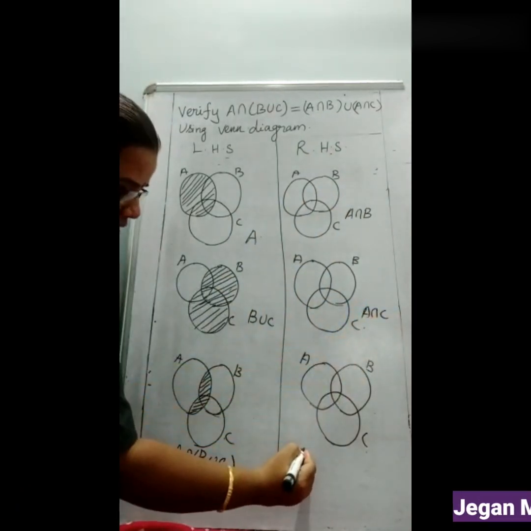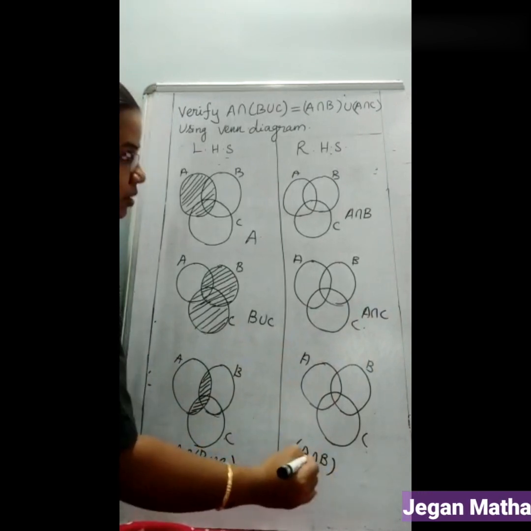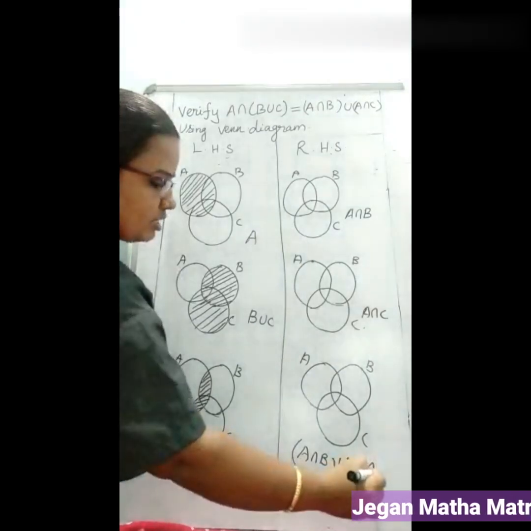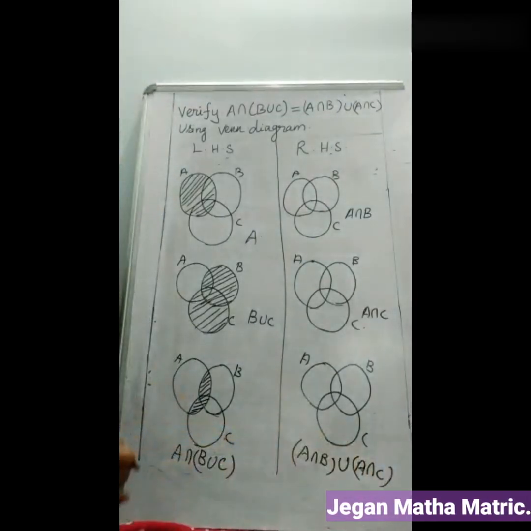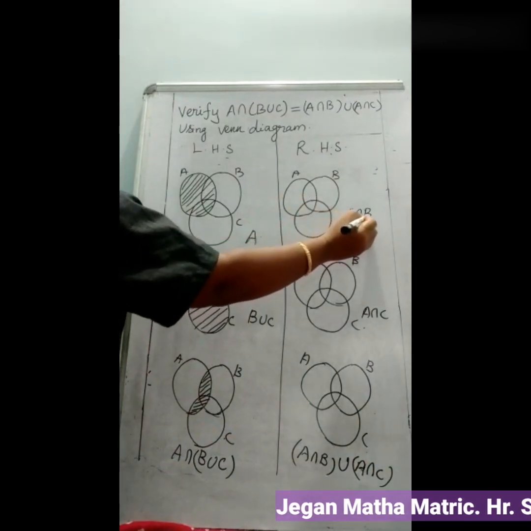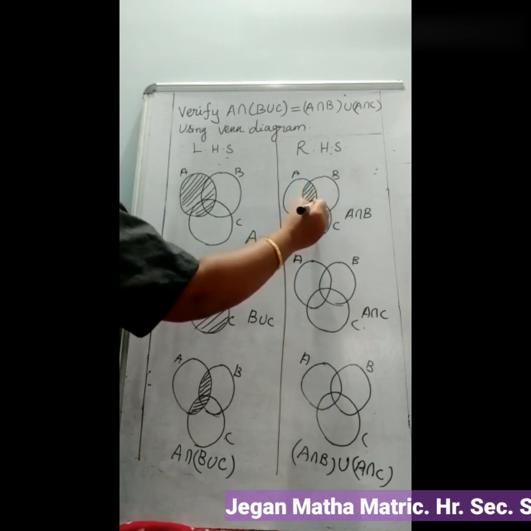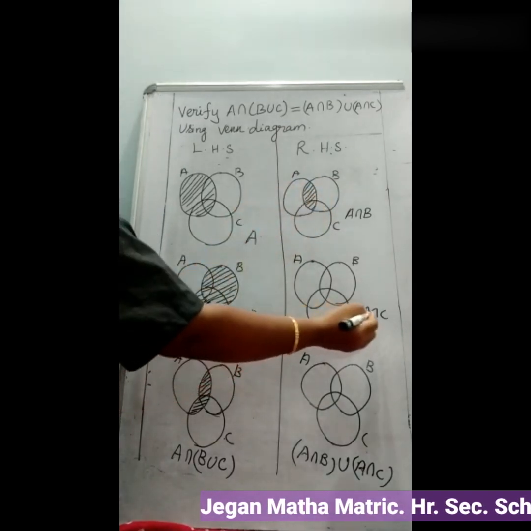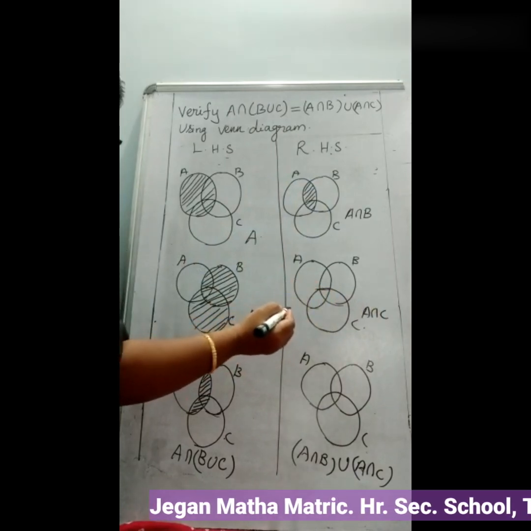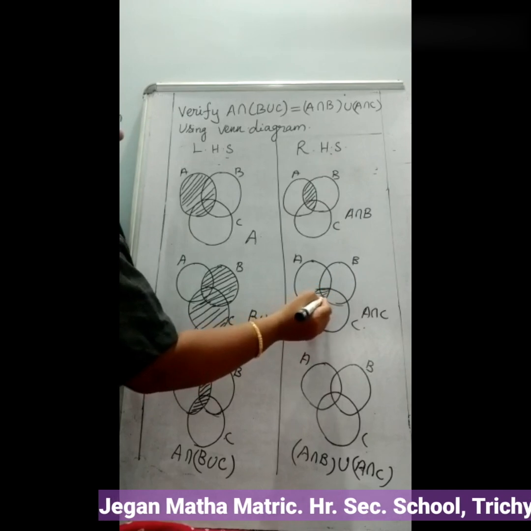And then here, (A intersection B) union (A intersection C). Now you have to shade for A intersection B. This is A intersection B. And another one is A intersection C. So you have to shade this A portion and C portion for common element, this portion.